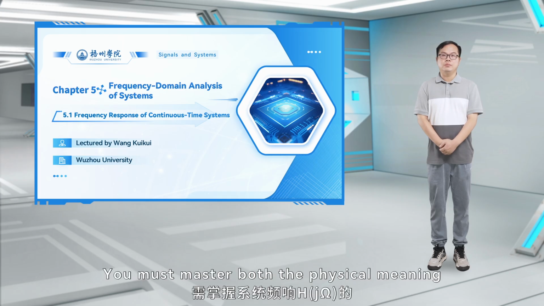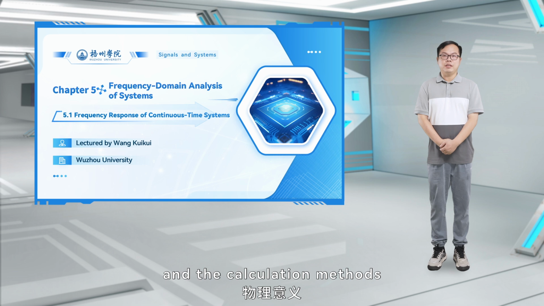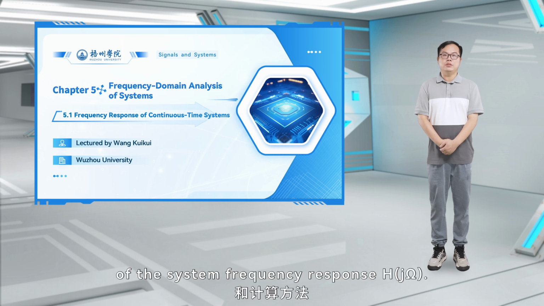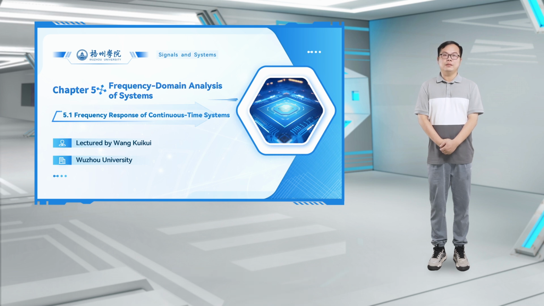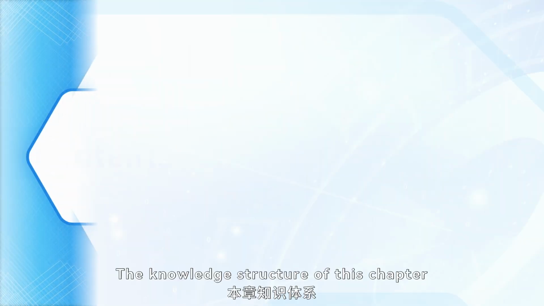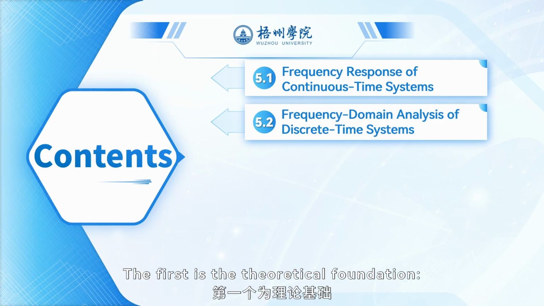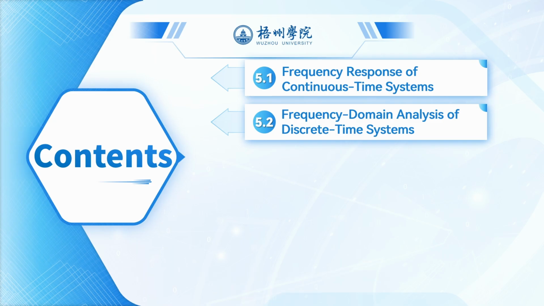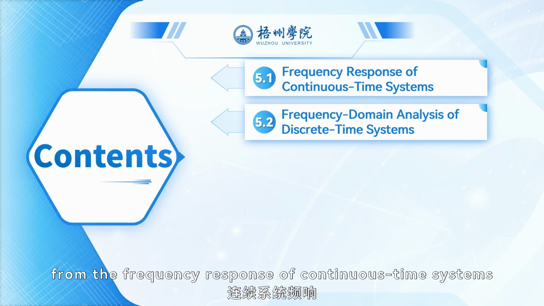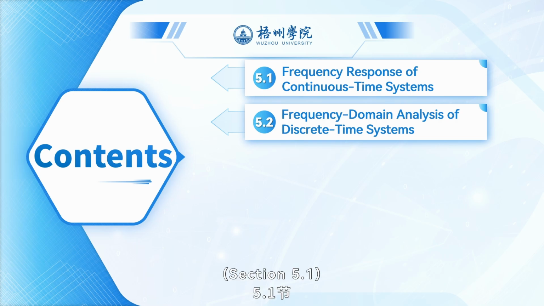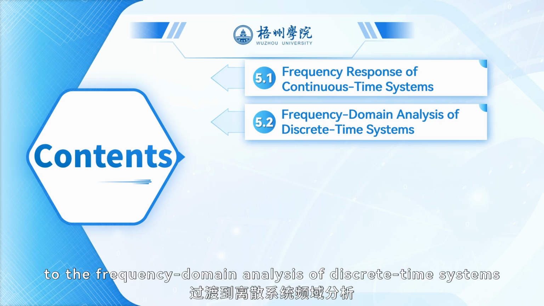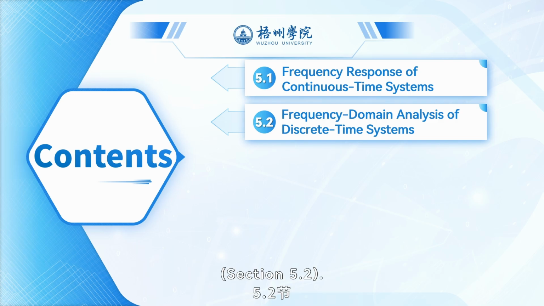You must master both the physical meaning and the calculation methods of the system frequency response H(jω). The knowledge structure of this chapter is divided into 3 levels. The first is the theoretical foundation, from the frequency response of continuous time systems, Section 5.1, to the frequency domain analysis of discrete time systems, Section 5.2.